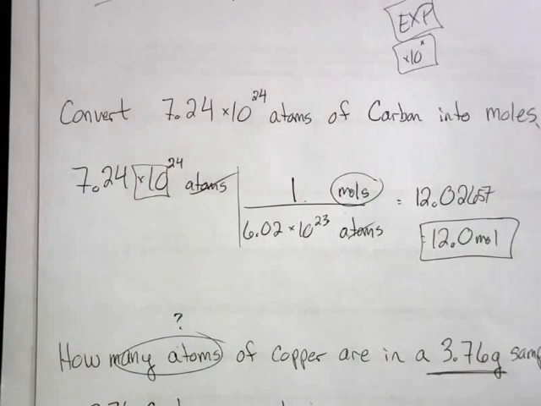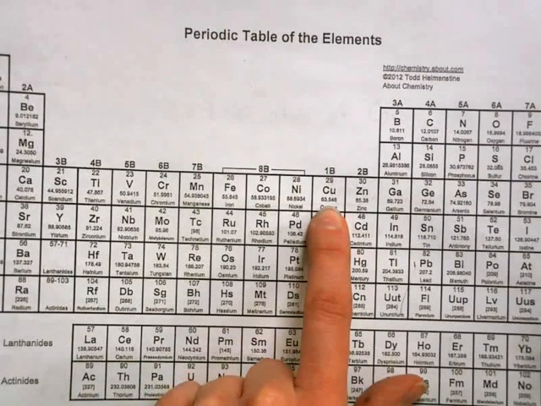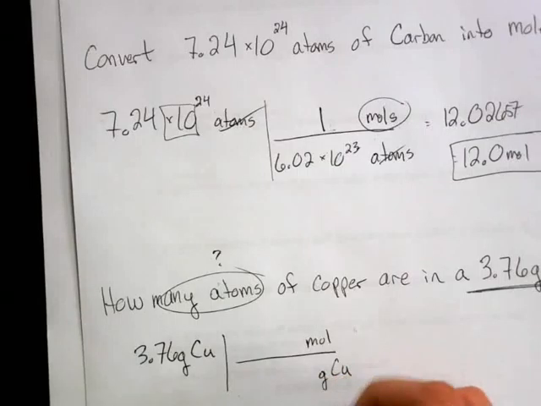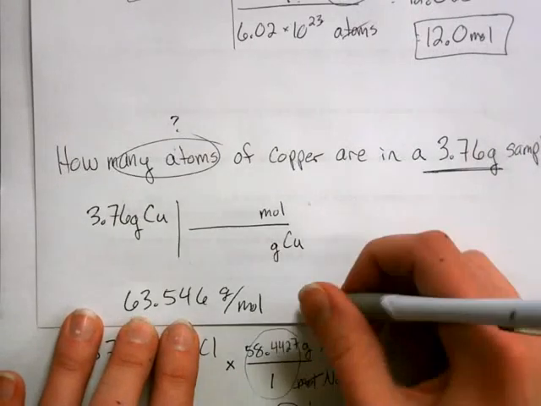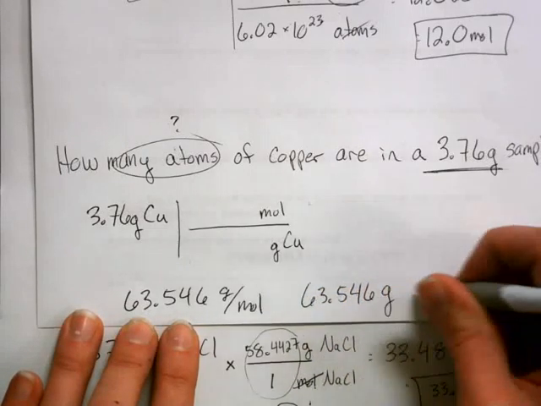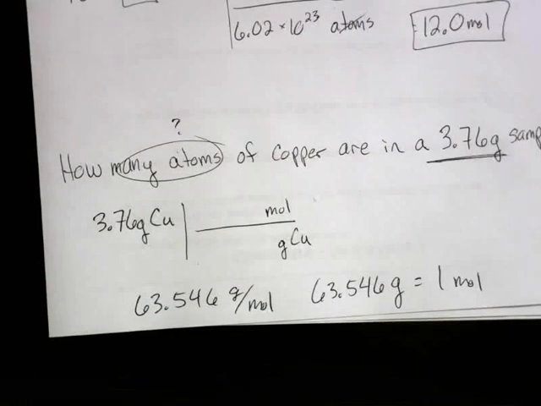So I'm going to look on the periodic table, find copper. Copper here, it says 63.546. So copper is 63.546 grams per mole. That means that 63.546 grams is equal to 1 mole.